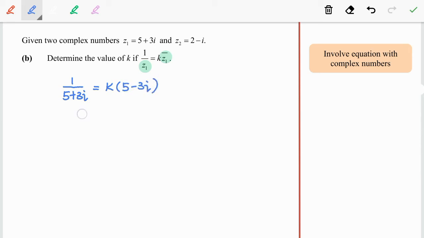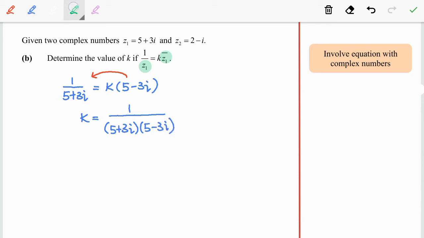Now, to find K as our subject, we are going to move 5 minus 3i to another side. So we have K is equal to 1 over 5 plus 3i times with 5 minus 3i.